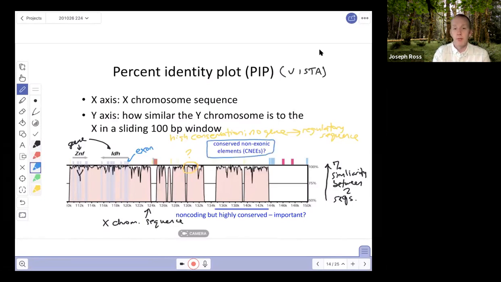So that should be obvious to understand at this point, not the whole concept necessarily, but the wording. Conserved means the sequences are the same or almost the same between distantly related organisms. And non-exonic element means it's part of the DNA that's not in an exon. And as I just mentioned, that is probably a hallmark of regulatory sequences, that they're conserved and they're not in exons.